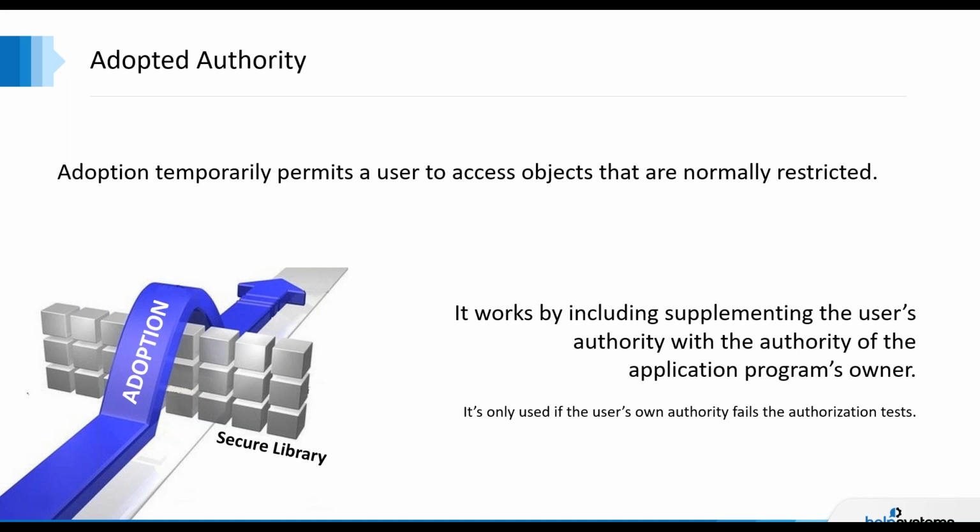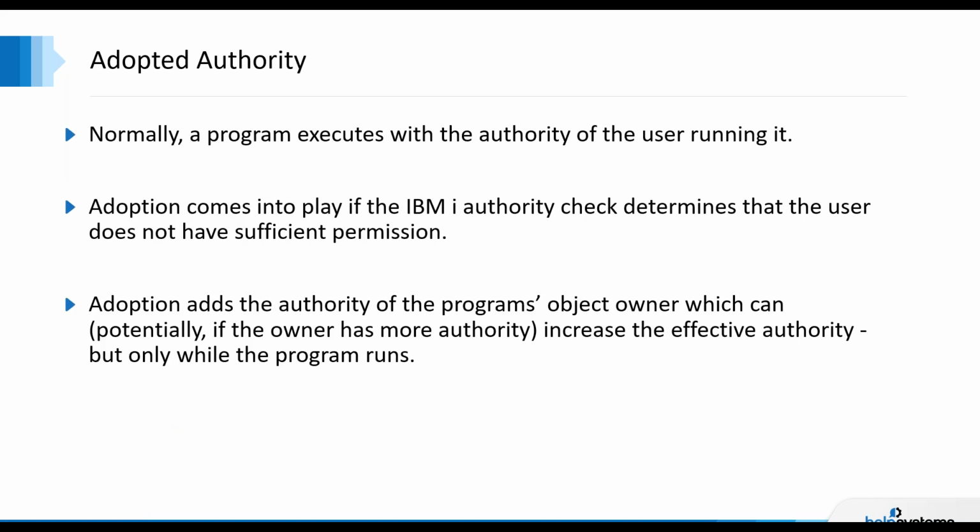But if the operating system determines the user is unable to do, maybe, clear a physical file or end a subsystem, then the owner of the program that is running can introduce the potential permission there as well. So it's a nice way to augment and allow a user to run a program that performs a restricted task without having to give the user that permission right out of the gate themselves.